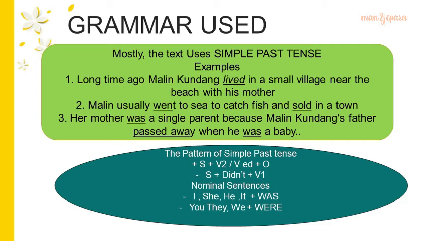For nominal sentences, look at number 3. Her mother was a single parent. The pattern is I, she, he, it, followed by was, and you, they, we, followed by were. That's the explanation about simple past tense.